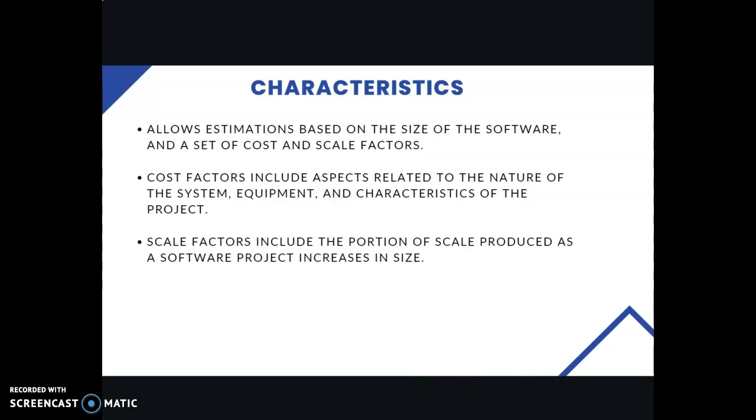It allows estimation based on the size of the software and a set of cost and scale factors. Cost factors include aspects related to the nature of the system, equipment, and characteristics of the project. Scale factors include the portion of the scale produced as a software project increases in size.